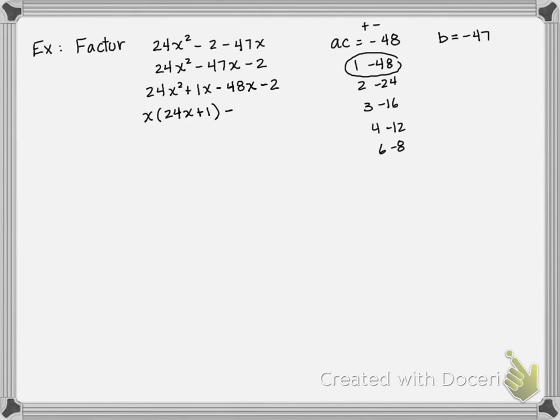Subtraction between my two groups, 48 and 2 have a common factor of 2. So we're really factoring out a negative 2, which gives me 2 positives. And so we have 24x plus 1 times x minus 2.